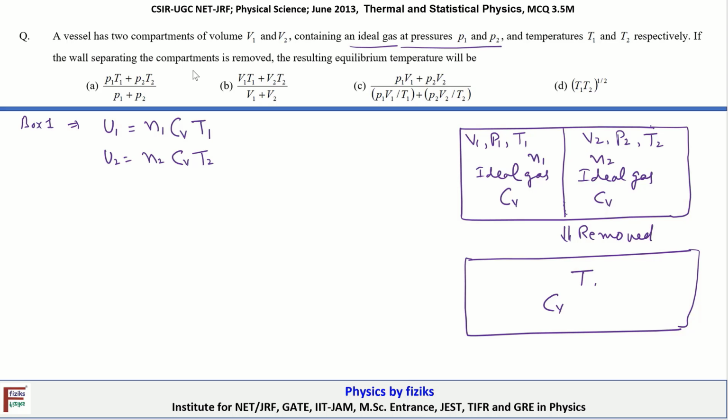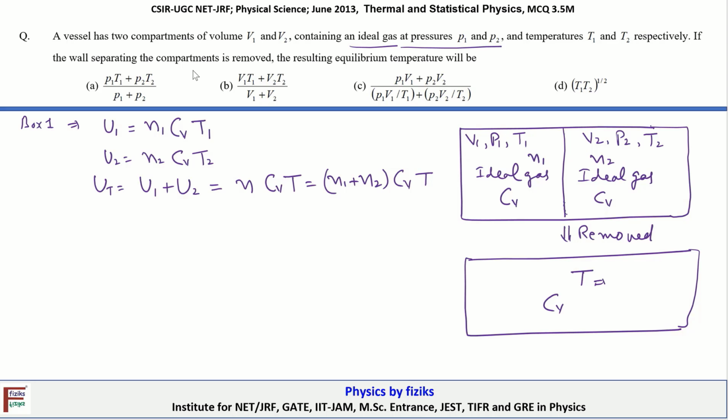Here I have taken Cv as common because it's the same ideal gas in both compartments, but at different temperatures. Let me call the total internal energy of the system, when the wall which separates these two systems is removed, U. That is equal to N Cv T, where N is equal to N1 plus N2, and T we are assuming to be the final temperature.